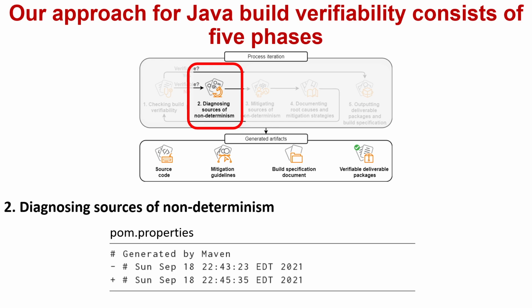Considering our running example, after unpacking the deliverable package, 5 build artifacts are extracted. Except for pom.properties, all extracted artifacts are equivalent. By examining the differences between the pom.properties files generated by the 2 build instances, we discover that the differences regard a timestamp.